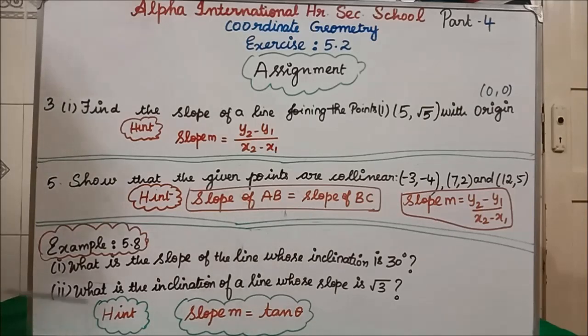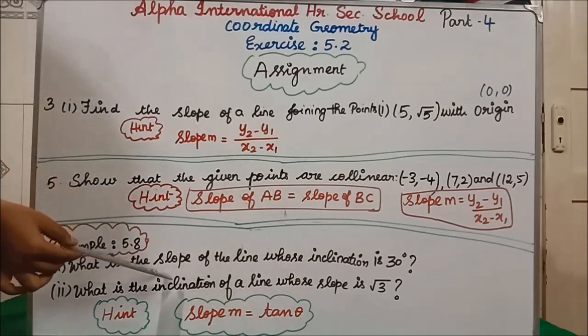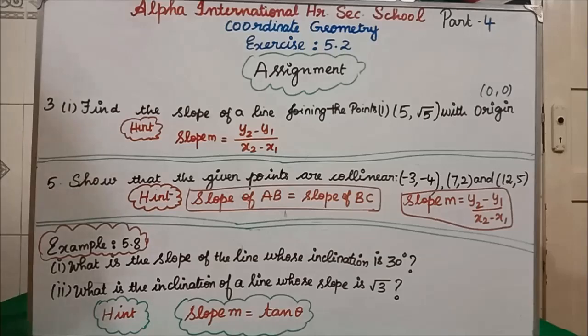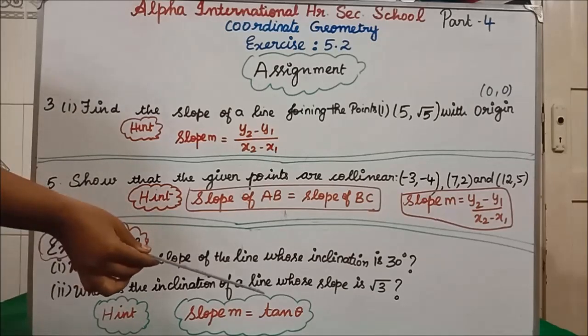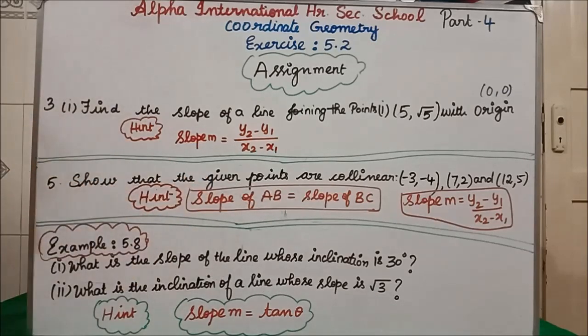So in the first subdivision they are asking for m and they have given theta. So what is that formula? Slope m is equal to tan theta. So in place of theta we have to substitute 30 degrees. I have put a box, the tabular column for tan theta values. According to that, find the tan 30 degrees and write the answer.